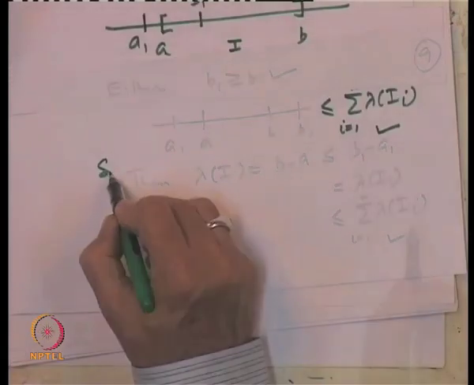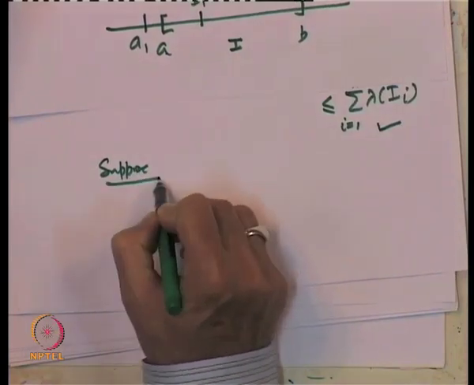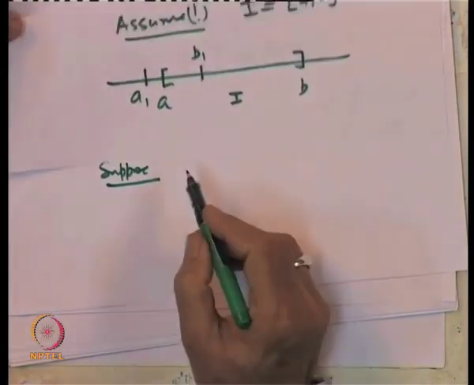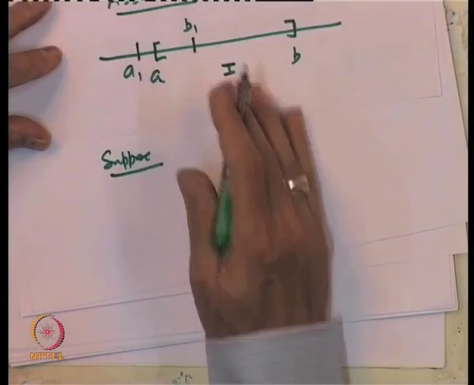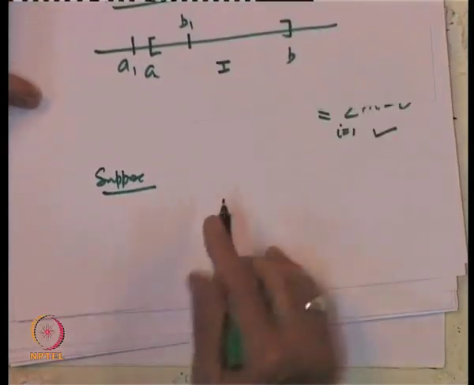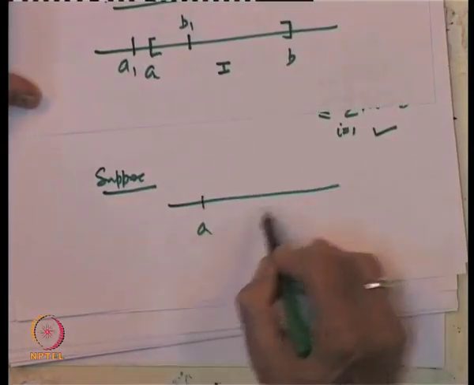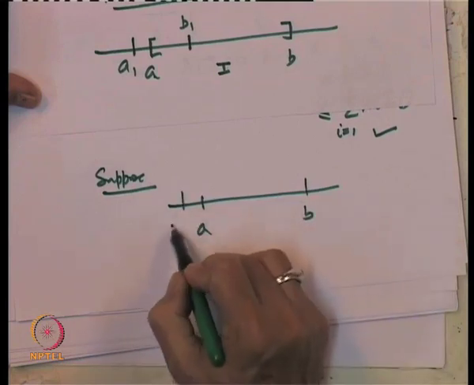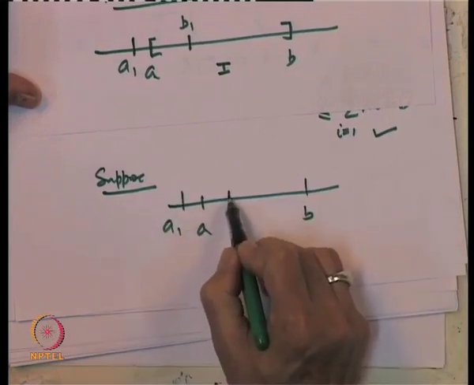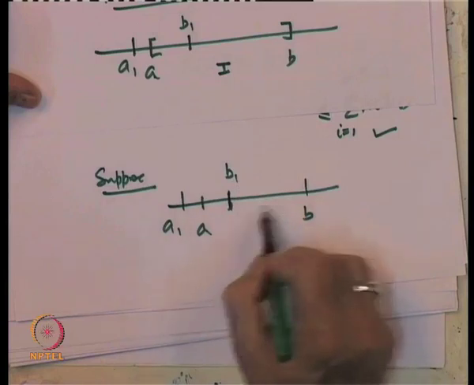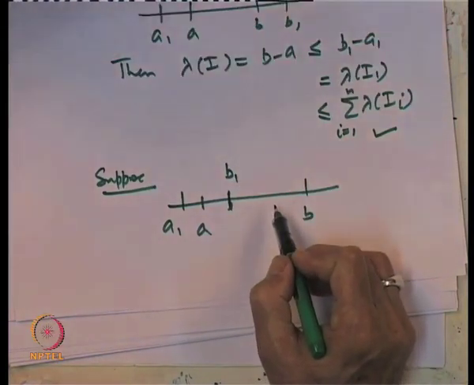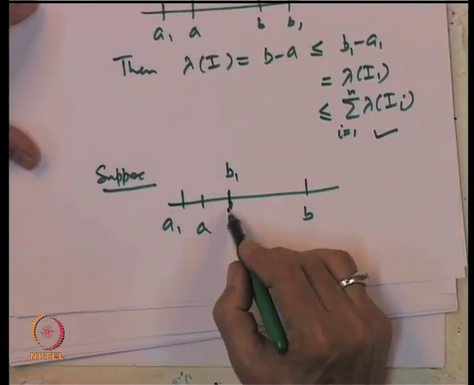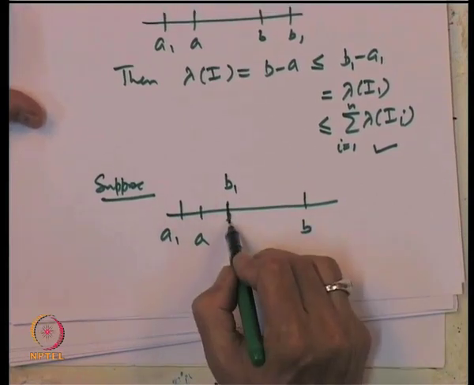Case 2. So, suppose this is the picture, namely we have got a, we have got b, and here is a_1 and b_1 is not on the right side, but on the left side of b. So, let us take that as the picture. So, in that case the point b_1 belongs to that union.